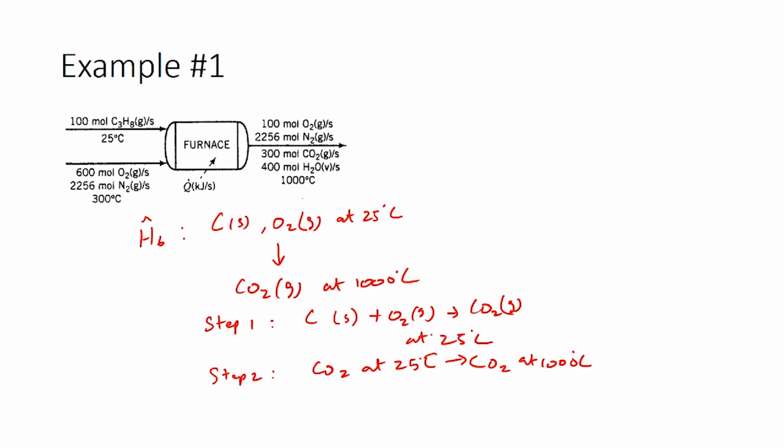The second step would be integral Cp dT, or you can get that value from the enthalpy table or the combustion tables. So, H6 cap would be equal to delta HF cap for carbon dioxide plus, we will just call it HA cap, where HA cap is nothing but the heating of carbon dioxide from 25 to 1000. You can get these values from the tables and you would end up with H6 cap as minus 344.9 kilojoules per mole.